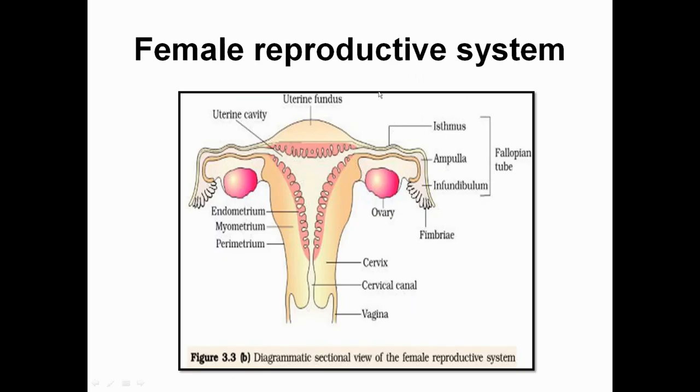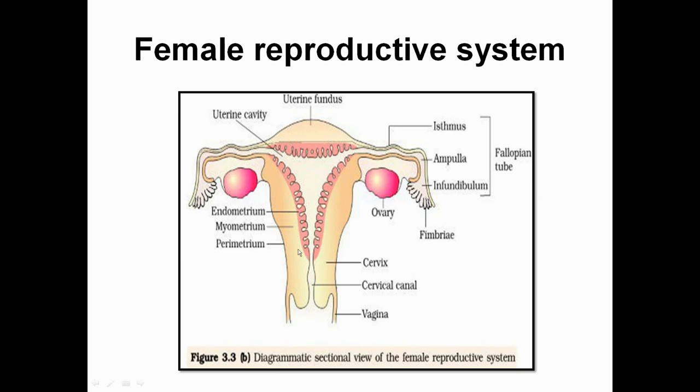Now this is the diagrammatic view of the female reproductive system. You can see the abdominal section constitutes a pair of ovaries, and these ovaries are connected to the uterus with the help of a fallopian tube or oviduct. The fallopian tube comprises three segments: infundibulum, ampulla, and isthmus. Isthmus is a junction between the oviduct and the uterus.